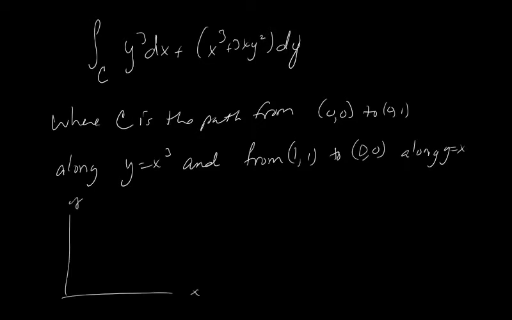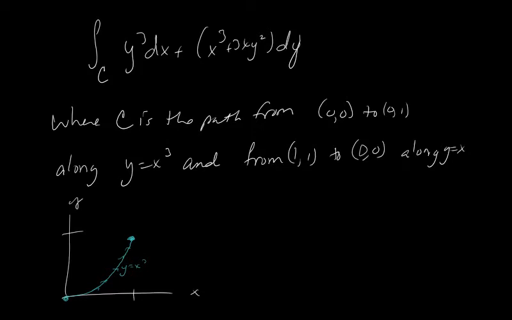Let's get an idea of what our region looks like. The points in question are 0, 0 and 1, 1. We first get there from 0, 0 to 1, 1 along the curve y equal to x cubed. So that's going to look like this, and we're coming this direction.